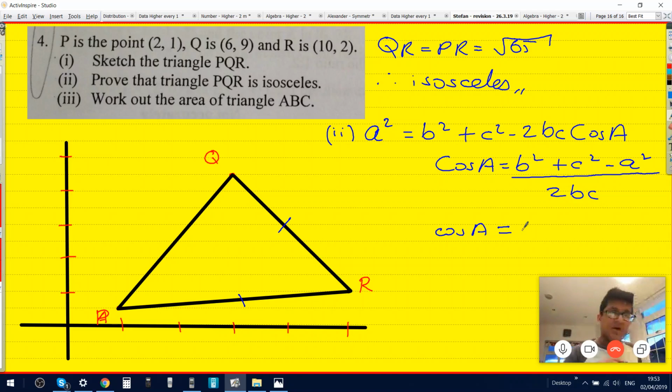And I've got 56.3 as A. I've got A. And which angle is that? That's angle QRP.